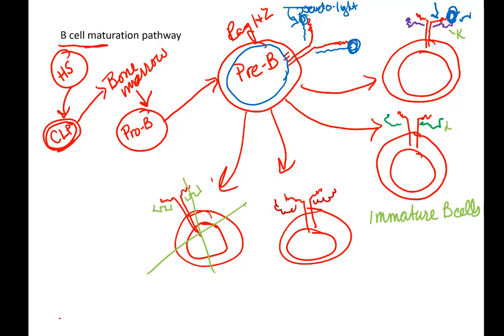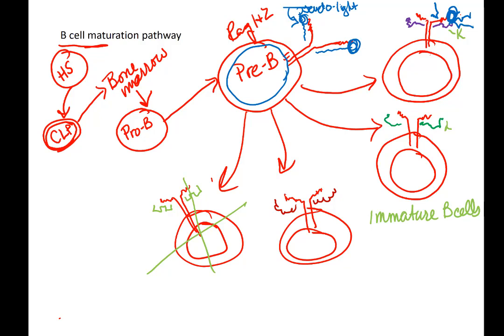So what the B cell does is, let's not waste this resource. We have 3 more chances to downregulate that light chain and rearrange the other kappa chain.